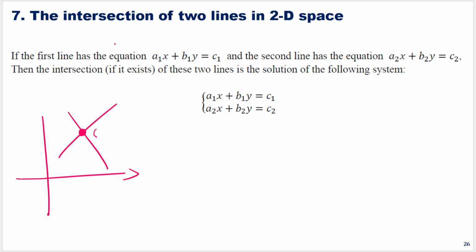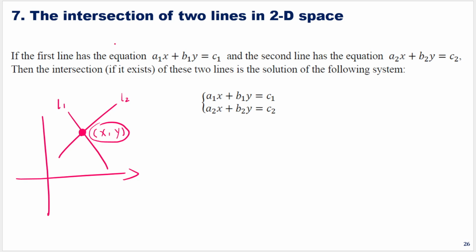Well, if we let the coordinates of that intersection point be x and y, then this point should satisfy both equations of line L1 and line L2, right? Because it's on line L1 and it's also on line L2. So it should satisfy both of their equations, right? So this is how we can find the point of intersection.